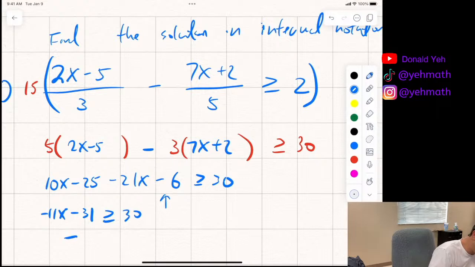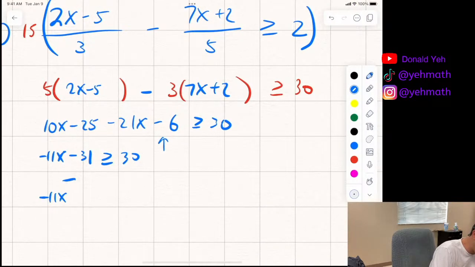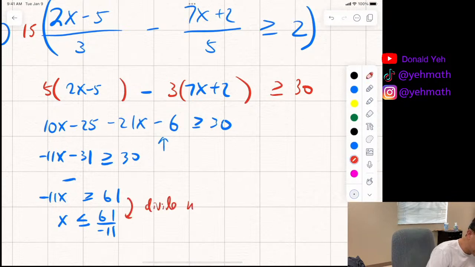Then plus 31, so that's negative 11x greater than or equal to 61. And x is less than or equal to 61 over negative 11, because we divide by a negative and change the inequality sign.